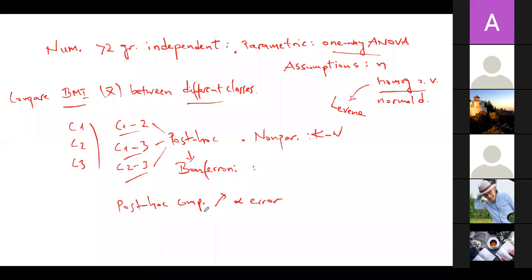So to deal with this increased alpha error, we make the Bonferroni correction.